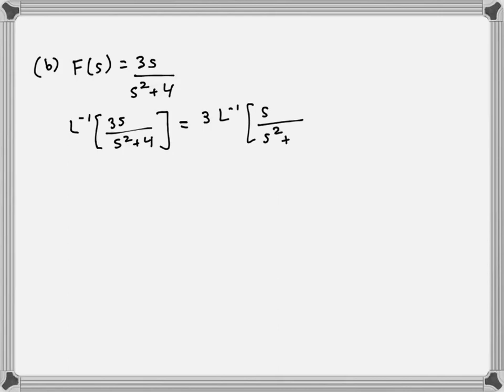Instead of writing s squared plus 4, how about I write it as s squared plus 2 squared? If we look at the sine and cosine formulas, we realize that this is just the formula for cosine, but with b equal to 2. So this is just going to become 3 cosine of 2t.